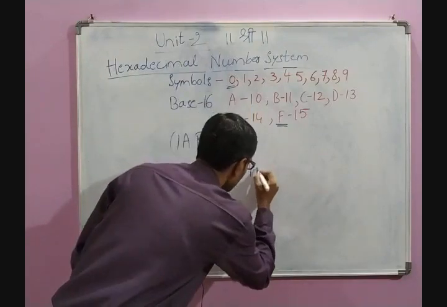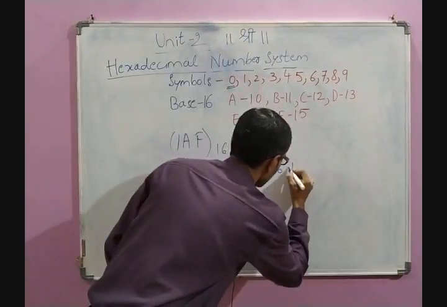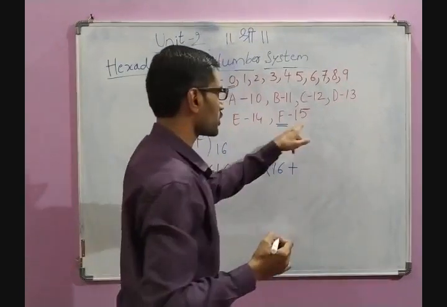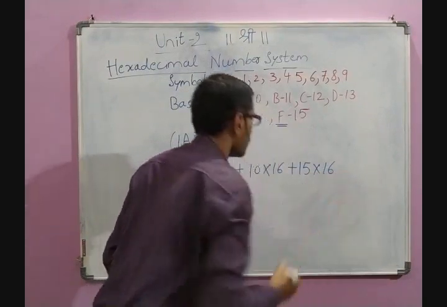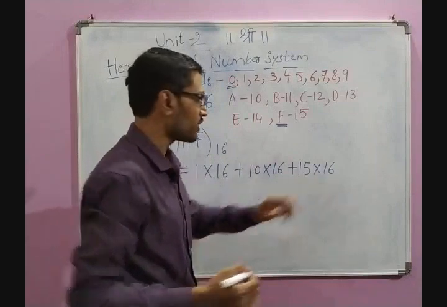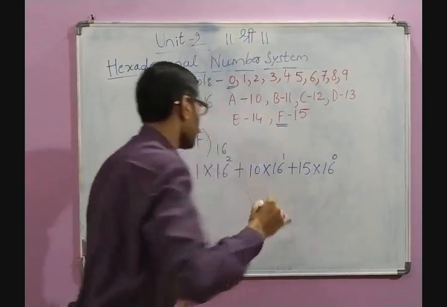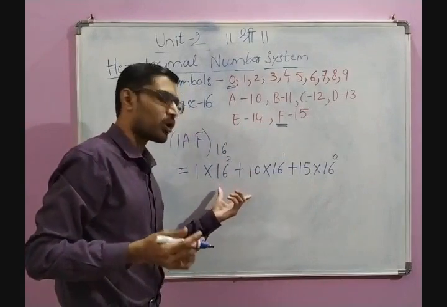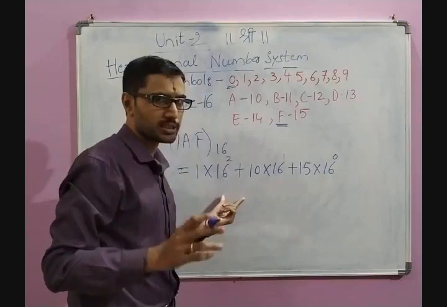So I need to take 10 into 16 and then plus F. F stands for 15. 15 into 16. So always the powers will start with 16 to the power 0, 1 and 2.